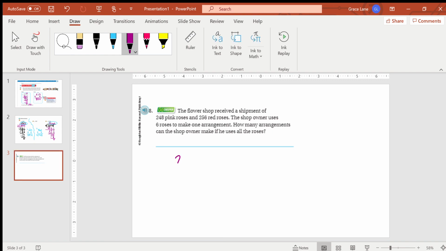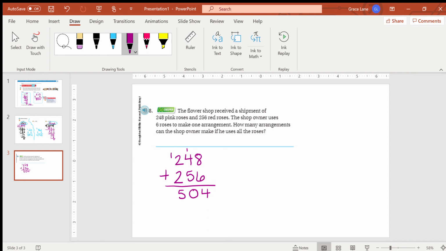So first, to find the total, we will add all the roses together. Okay, 8 plus 6 is 14. Carry the 1. 4 plus 5 is 9, plus 1 more is 10. Carry the 1. You should get 504 roses.